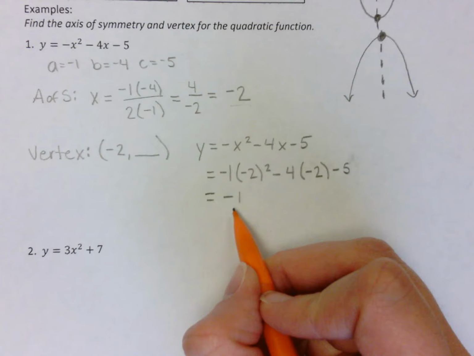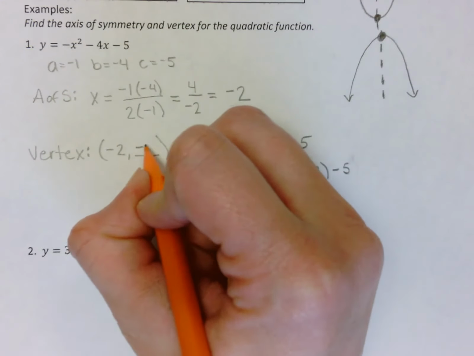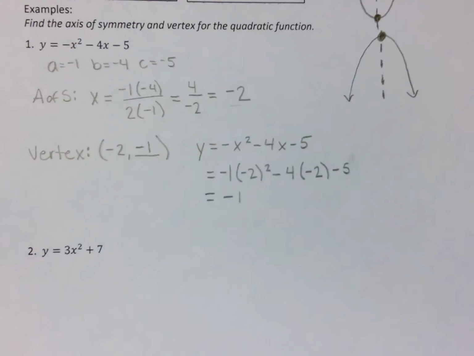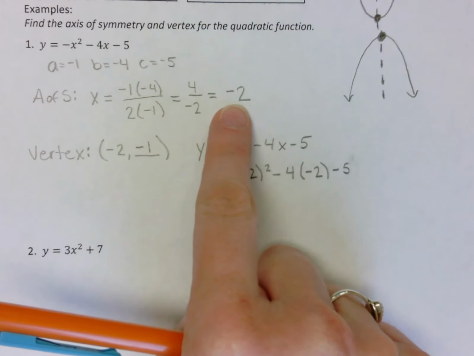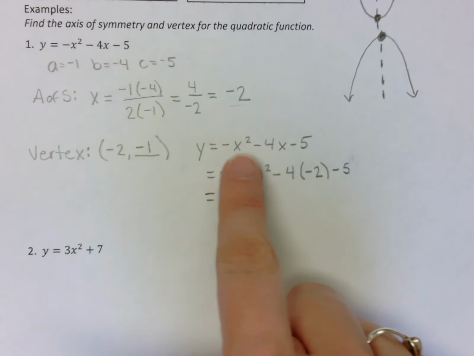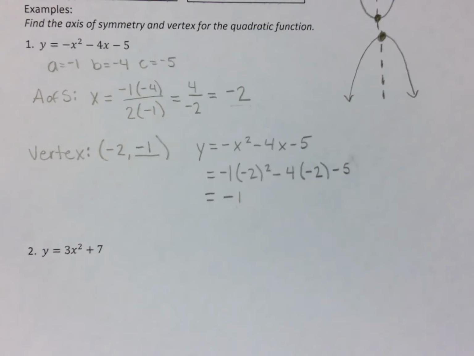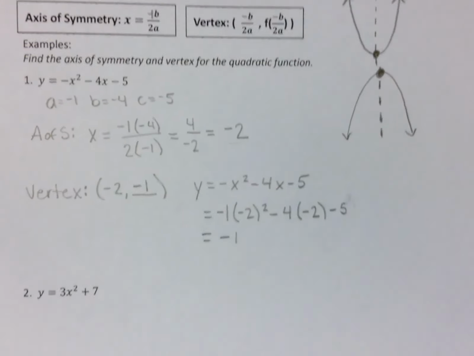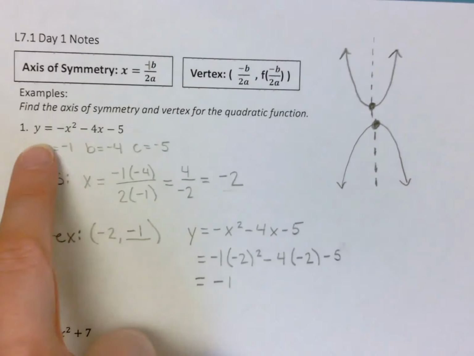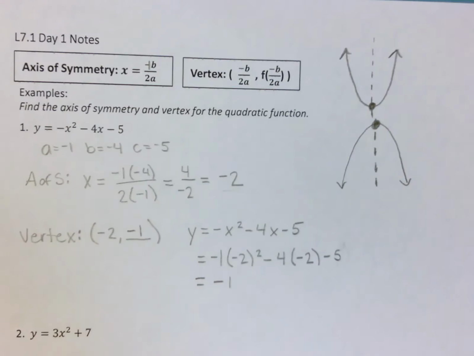So that means the y value of our vertex is going to be -1. The x value is the same as the axis of symmetry. The y value, you plug in the x value from the axis of symmetry and evaluate to find the y. So the vertex of this function, when graphed, would be at -2, -1.